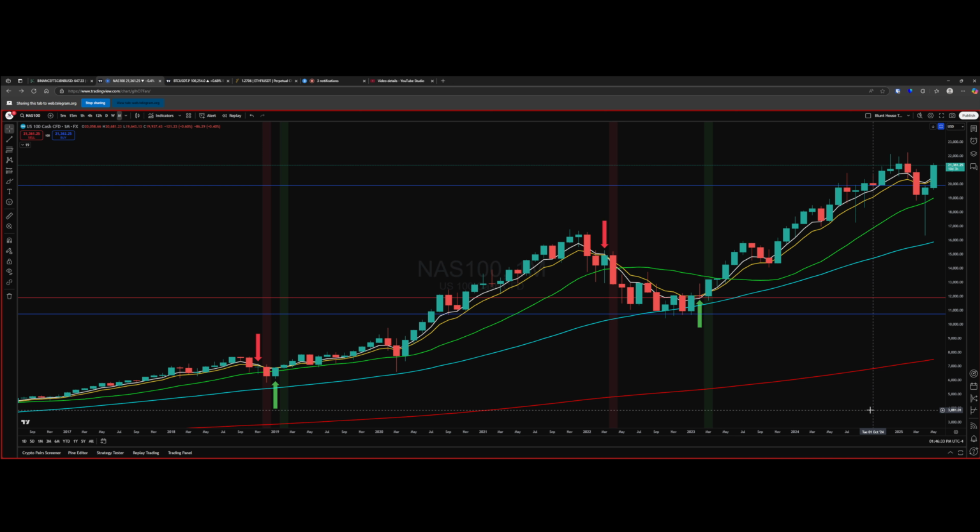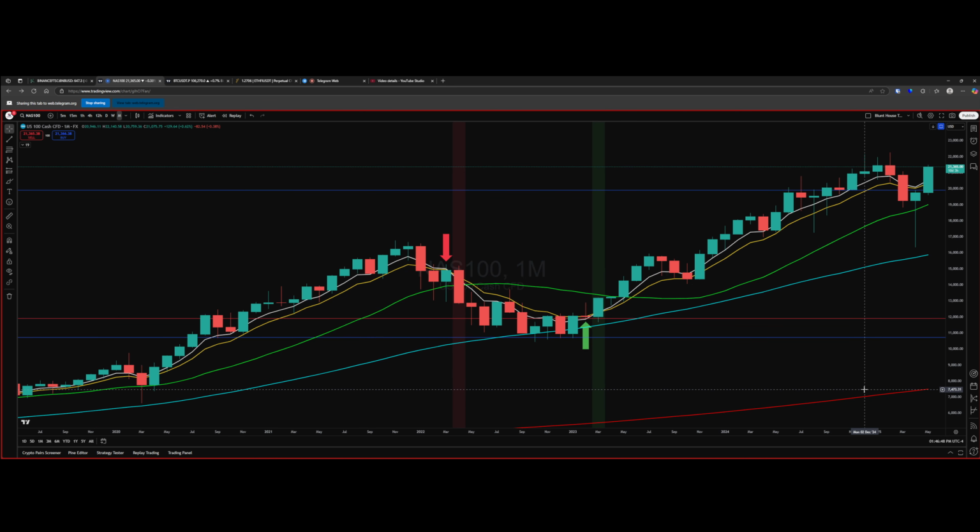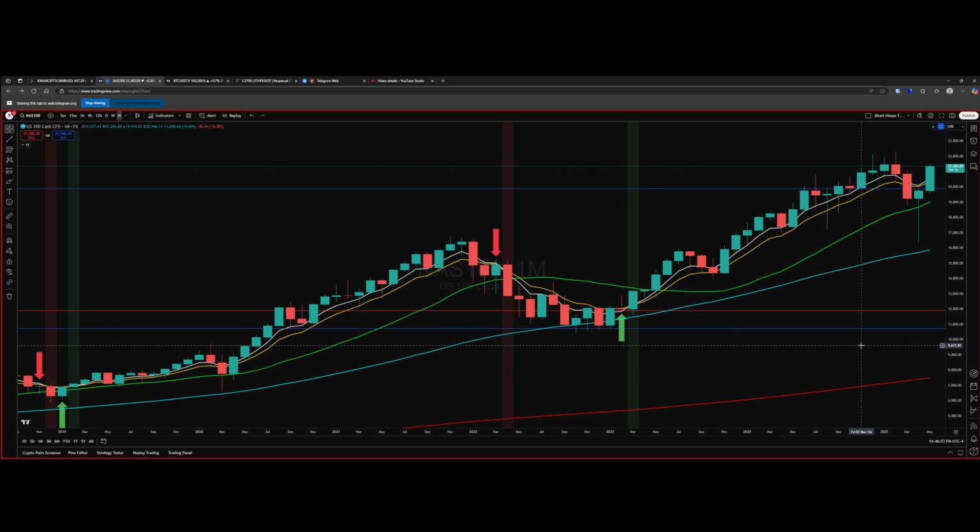If I had no idea that there was a pandemic, I would not have been disadvantaged at all to trade the chart. In fact, some would probably argue, like Rico said, maybe in a better position to trade the chart because why? There's less noise. That's why.